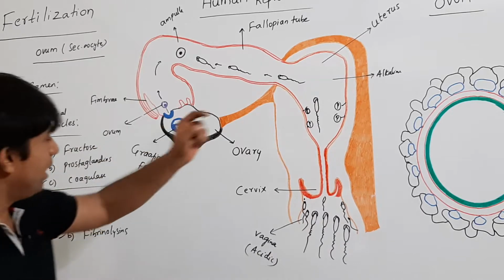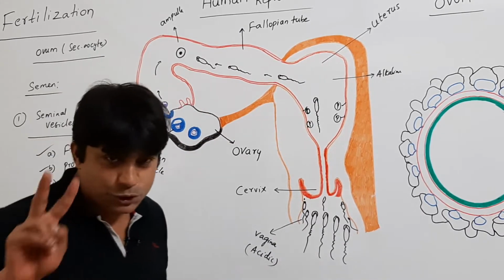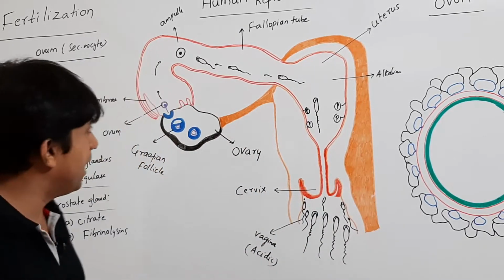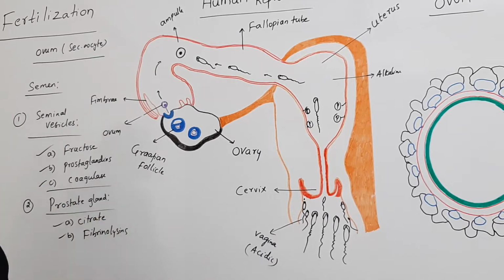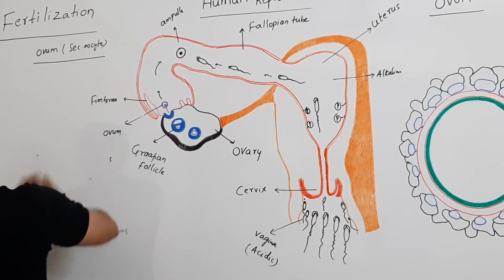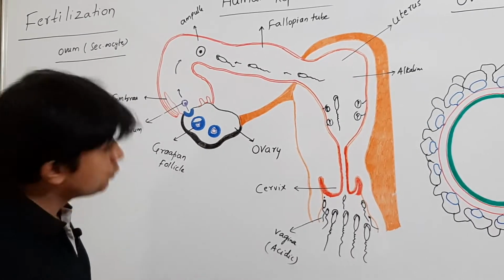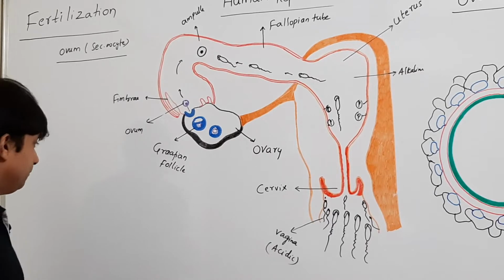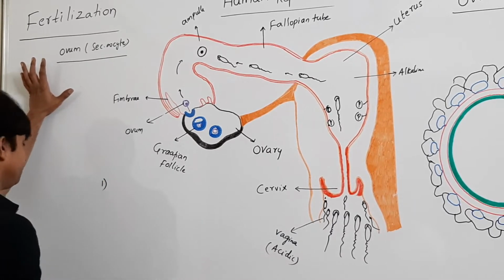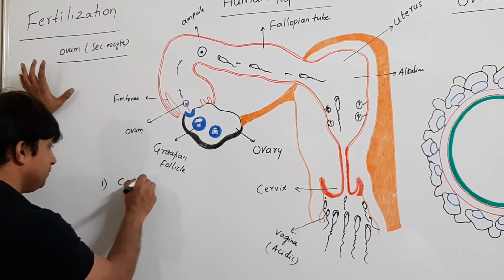Fine. Now once the sperm reaches the ovum, what changes take place? There are two chemical changes taking place in the female reproductive tract which enable the sperm to fertilize the ovum. So let us find out what these two changes are. The first change is number one, capacitation of sperm.